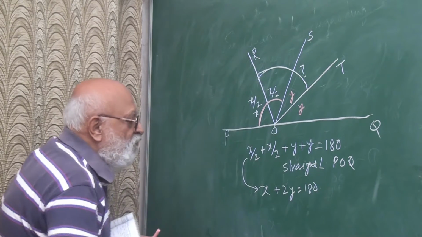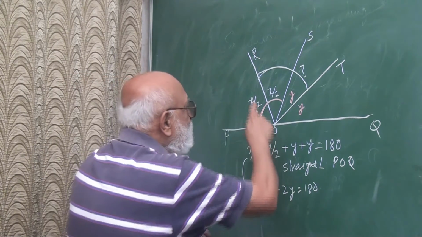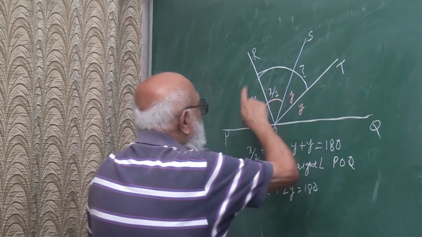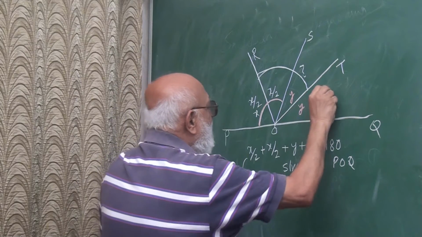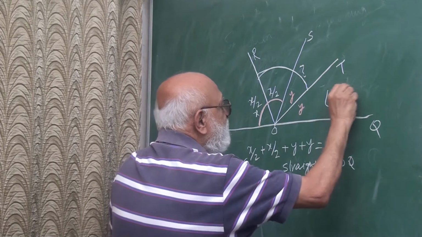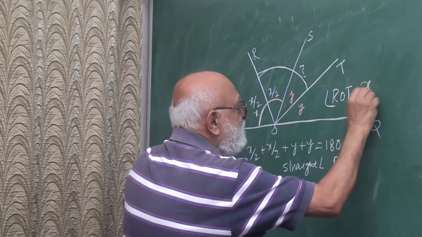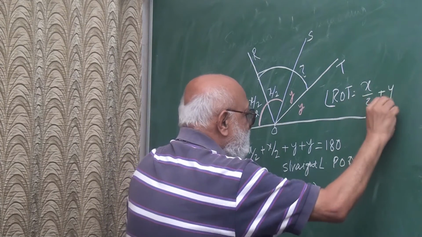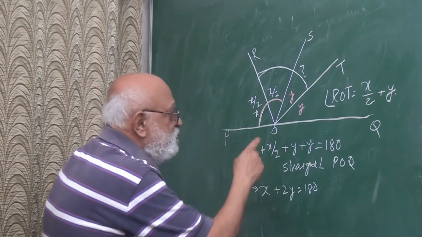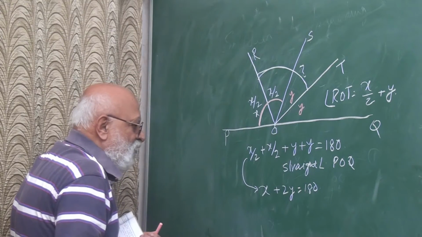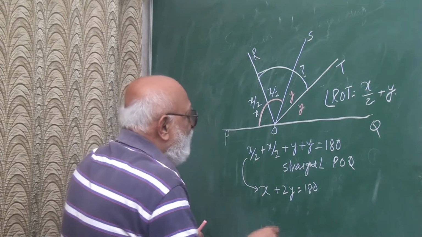Now let us find out what we have to solve. We have to find the value of angle ROT, which as per our notation will be x by 2 plus y. Whenever you are solving this kind of problem, you must define what y is.